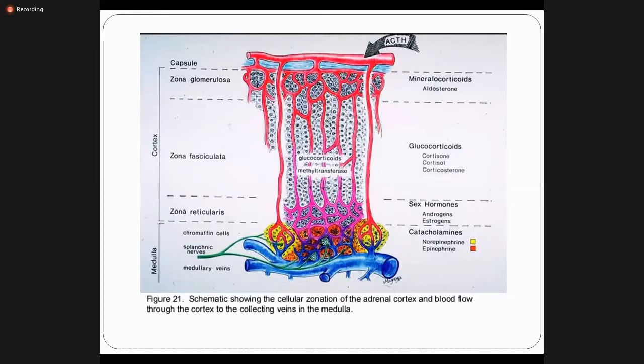The last layer, the innermost zona reticularis, is responsible for releasing sex hormones, which include androgens and estrogens. So this is all about the cortex. And as we have discussed, we are going to focus on glucocorticoids as well as mineralocorticoids.